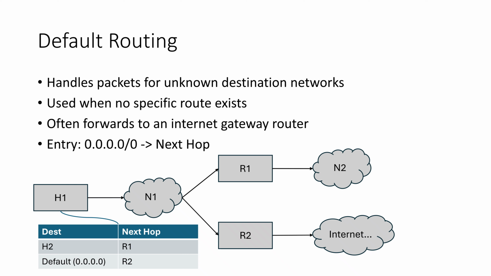And in routing tables, this is shown as 0.0.0.0 goes to next hop. This means that any destination not explicitly listed in this table should be sent to this next hop. It keeps routing tables efficient and ensures that stray or unknown traffic has a path to follow.